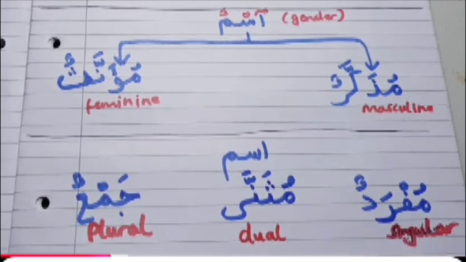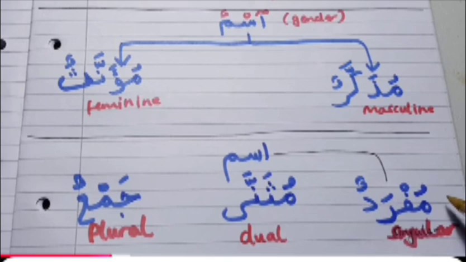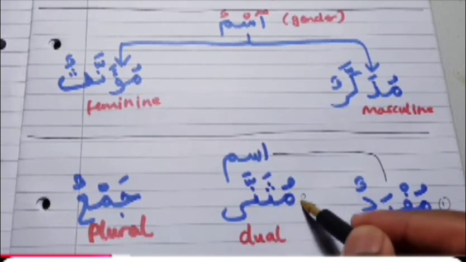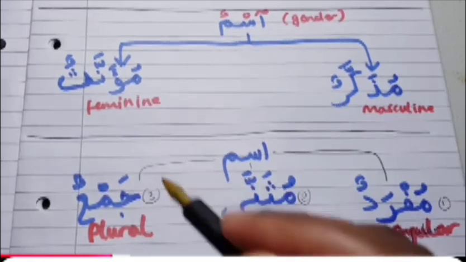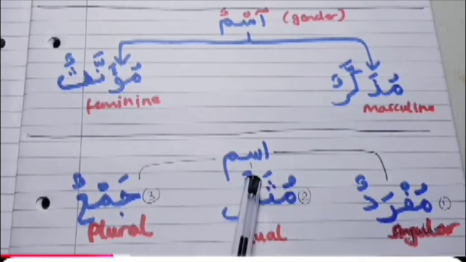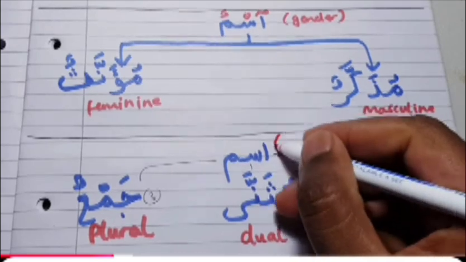The number 2 indicates two objects or two people or two things. So we have mufrad, we have muthanna, and we have jam'un. What we're saying here is that every noun, in terms of number, falls into one of these.